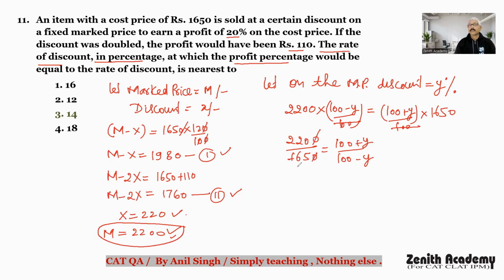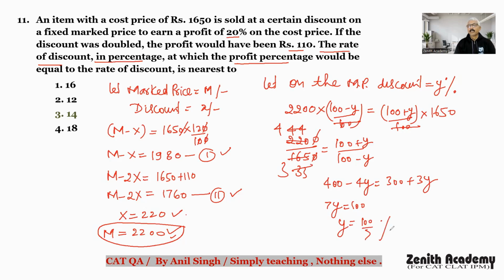This is cancelled. It is 4 by 3, so finally it is 400 minus 4y equals 300 plus 3y. So 7y is equal to 100. So y is 100 by 7%, which is approximately 14 point something percentage. And the nearest answer is the third option.